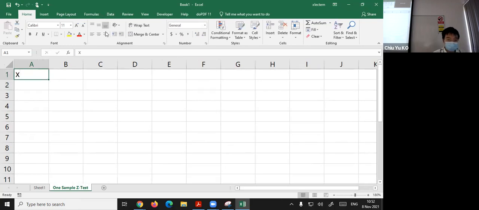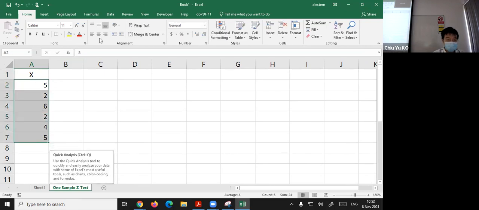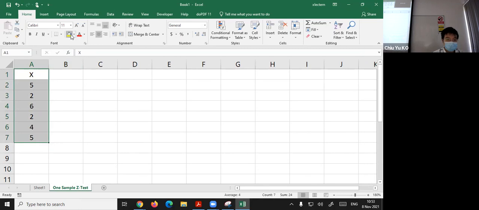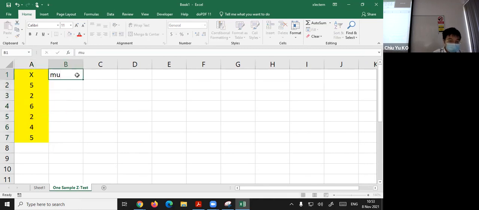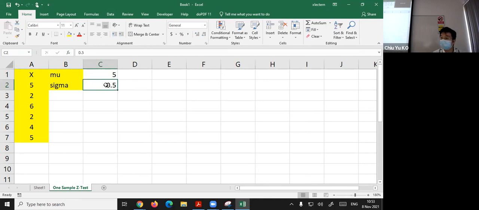We have some data here, and we have the mean mu, and we have sigma. Sigma is given by someone, maybe 0.5, I don't know. Mu is the hypothesis you want to test. The question is, I think it's a two-sided test, right?